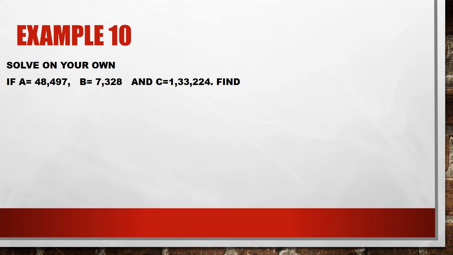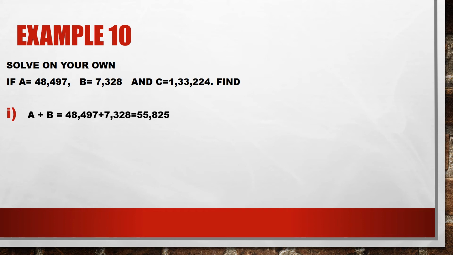Example 10, solve on your own. If A equals to 48,497, B equals to 7,328 and C equals to 1,33,224, find A plus B. So A plus B, you need to enter the values of A and B and you need to add it.